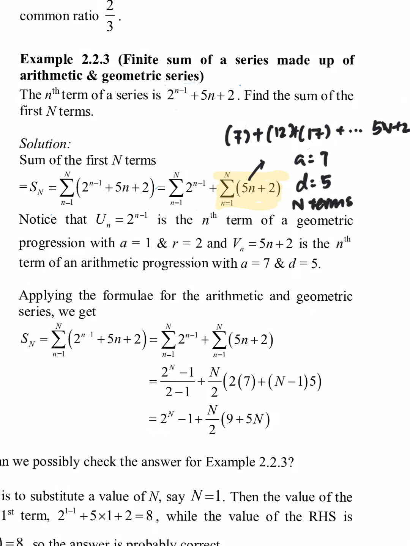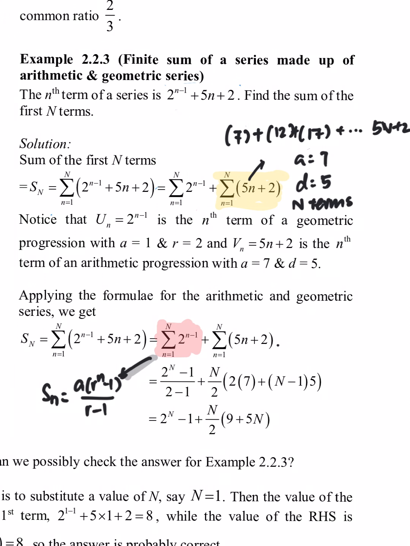So applying our formulas for the sums of AP and GP, the GP works for the first part, this one. Recall the formula. What is the formula for GP? It is Sn equals a(r^n minus 1) over r minus 1.